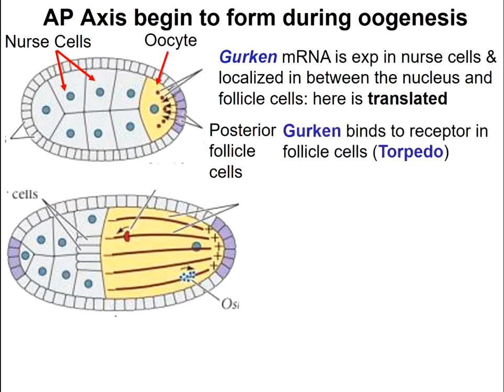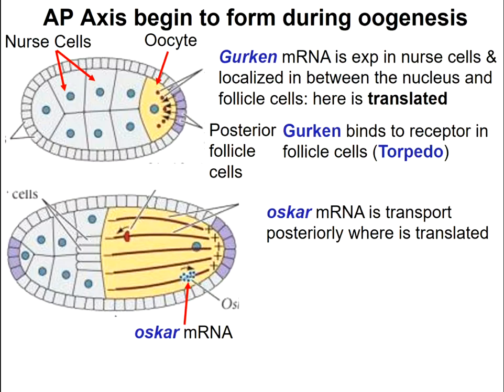The gurken protein is localized specifically in between the nucleus, which is that blue dot that you see in the middle of the yellow cell, and the posterior follicle cells. In fact, gurken binds the posterior follicle cell receptor torpedo, causing posteriorization of these follicle cells.